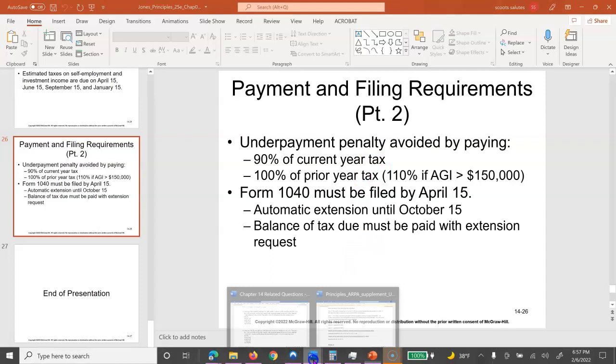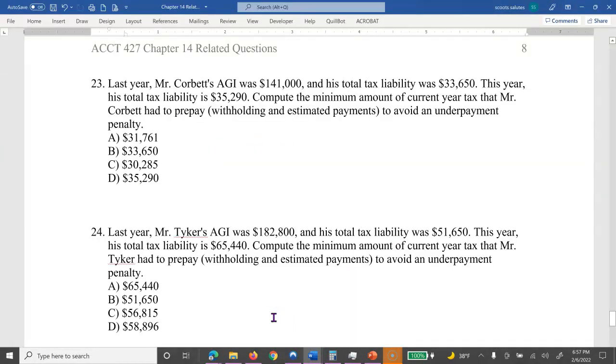Okay, so with all that said, let's go back over here. We're going to look at one of two situations. We need to calculate a couple of situations here. The first one is 90% of your current year tax.